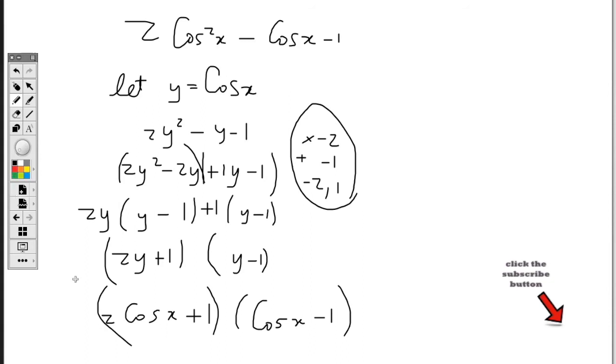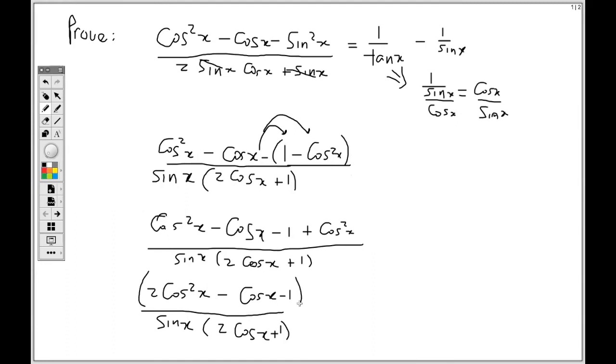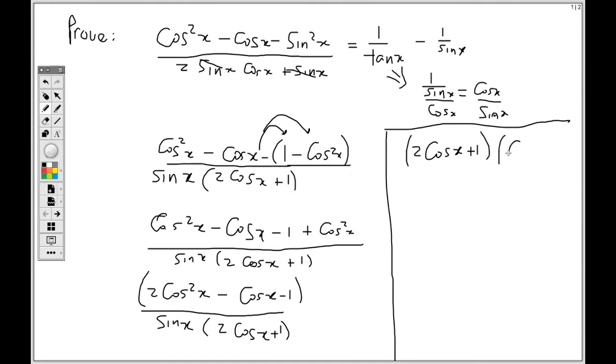So let's do this. So the numerator, I will be replacing it with what I had just factorized and got. So here I am going to replace the numerator. So I have 2 cos x plus 1 multiplied by cos x minus 1. Now I'll rewrite the denominator.